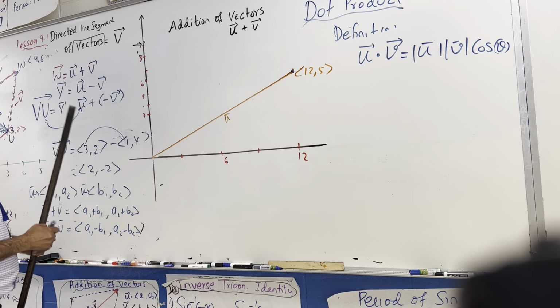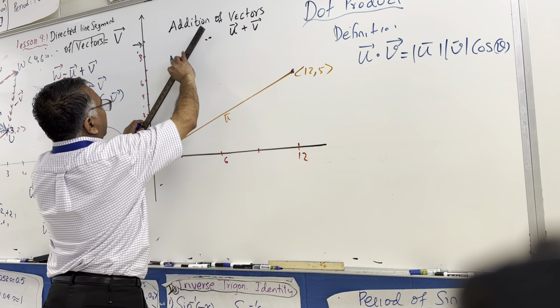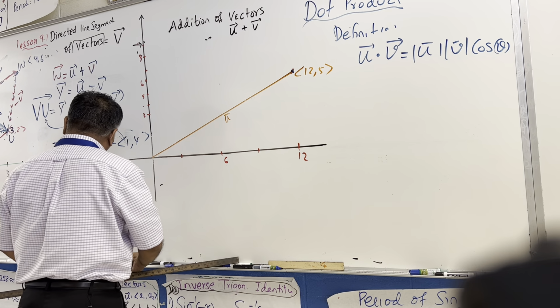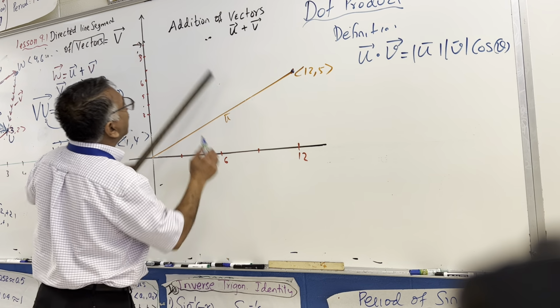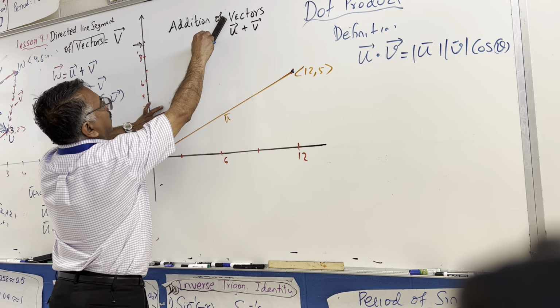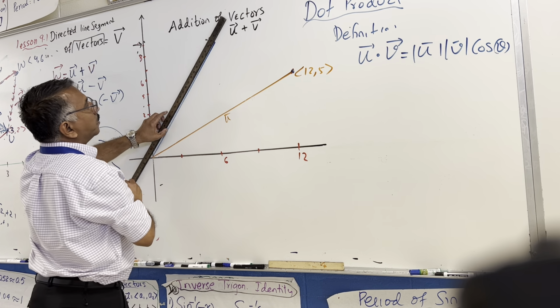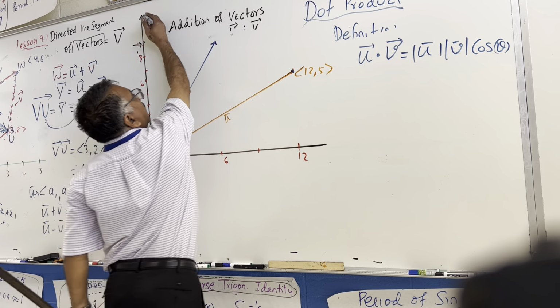And then let's take another one, which is 6 and 8. So this vector is 6 and 8, right?